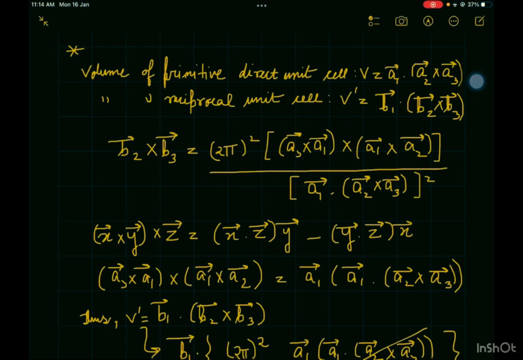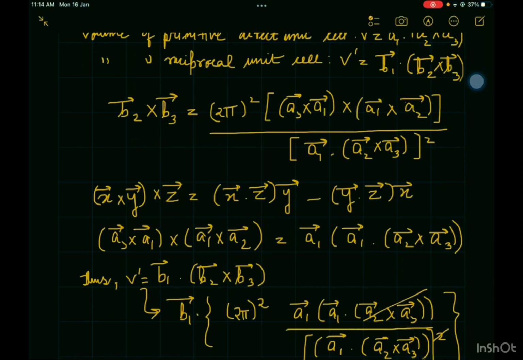So the volume of the reciprocal space will be given by V dash, where V dash is b1 dot b2 cross b3. Like I said, I'll be using b and a star interchangeably. I used a star earlier because the majority of textbooks use it in their formulations, but there's nothing special about it.